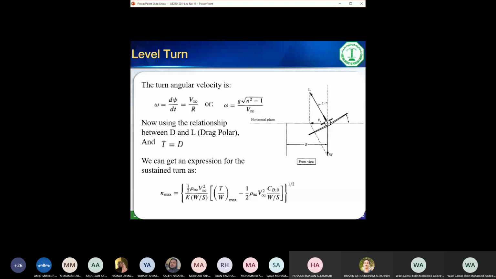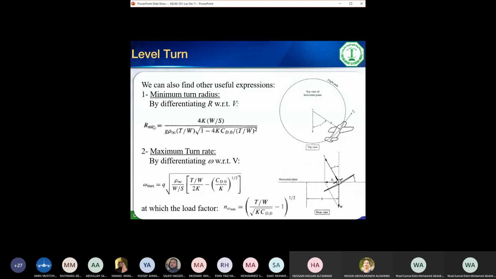You are standing in an elevator and the elevator suddenly moves up. Would the load factor increase or decrease? Increase. Because the acceleration is upward, you will feel more weight on your feet. And if the elevator goes down, the load factor will decrease. You will feel less weight on your feet.